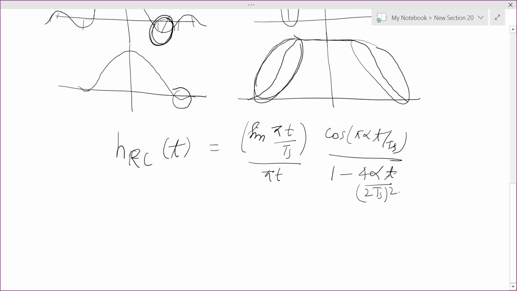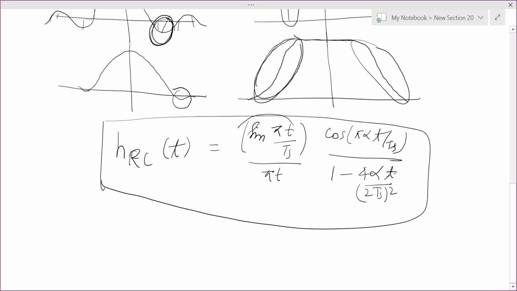You are not supposed to derive it, but this is just an observation. The first part of this is the sinc part, but then there is a cosine part which controls two things. One, the extra side lobes are being controlled, and their slope also is decreased. That is what we wanted.